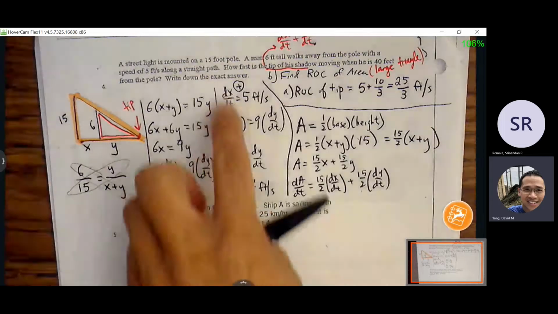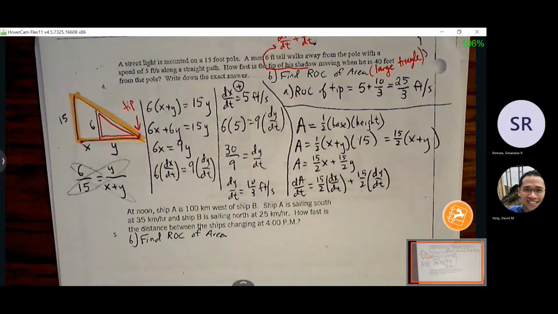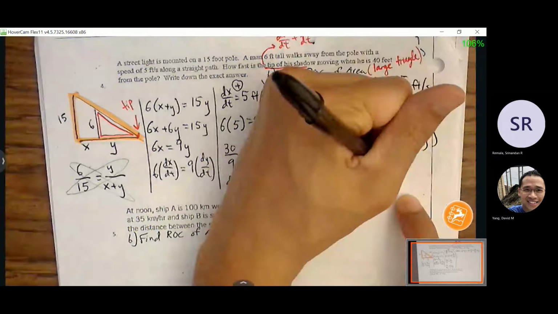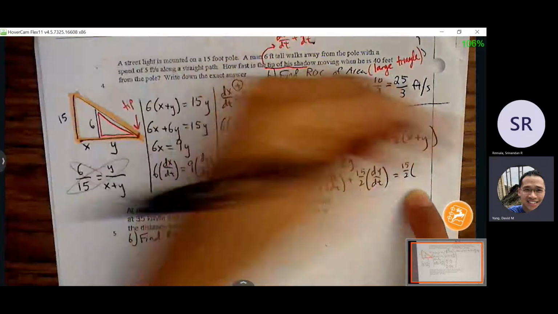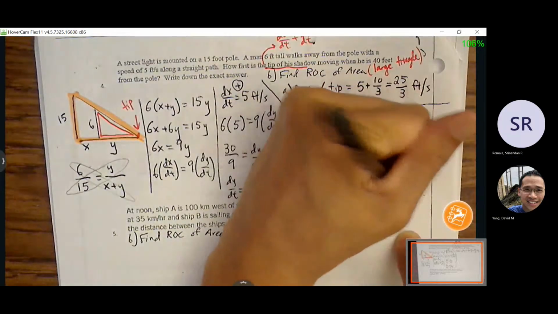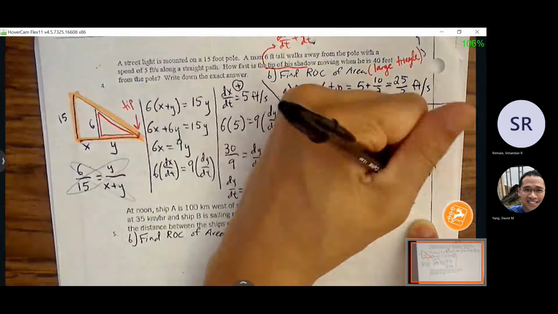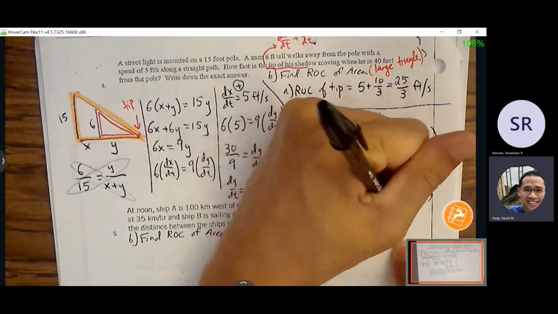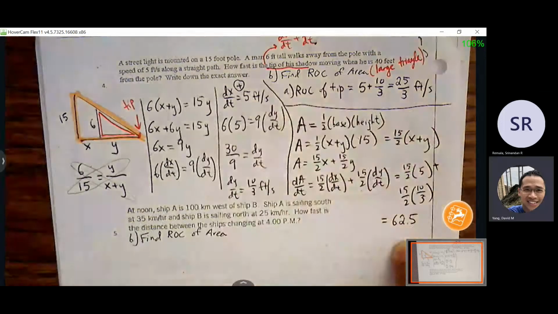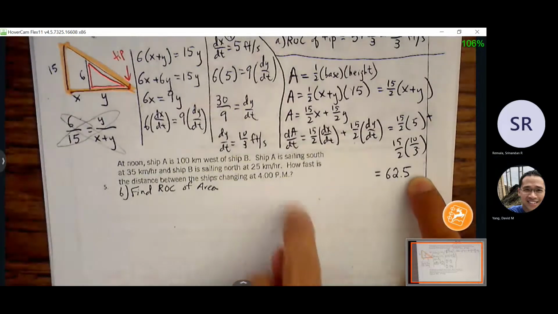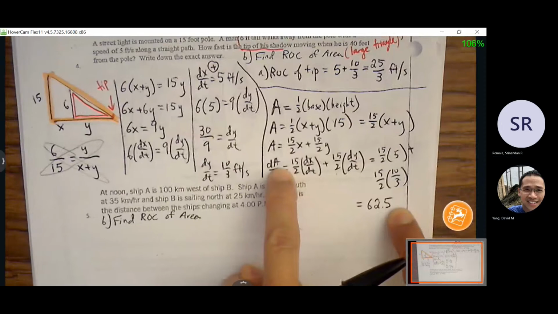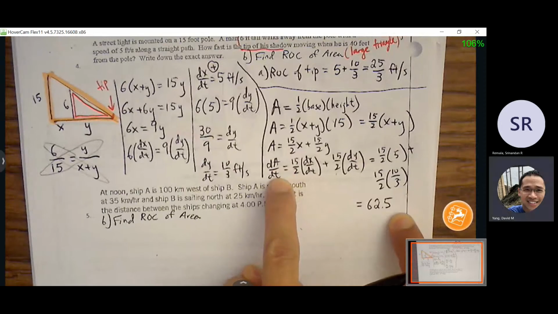We just insert those values in. Use your calculator. 62.5. And what's our unit of measure here? Feet squared per second.